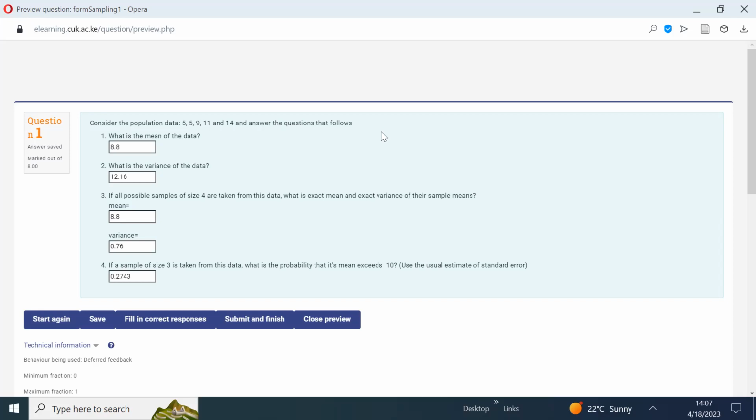That one, the total is 44. So we can quickly say that sum of x is equal to 44, n is equal to 5. Therefore, x bar is equal to 44 divided by 5, which should be 8.8. That one you can see it is correct.